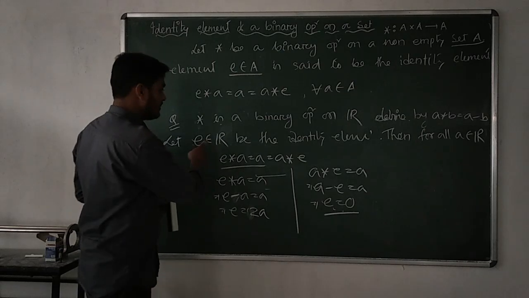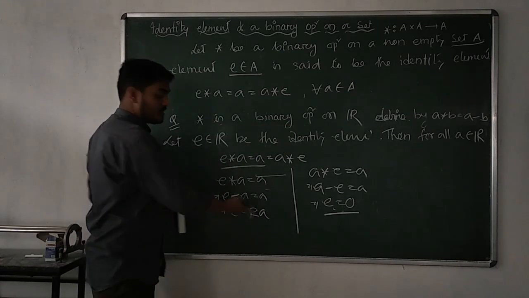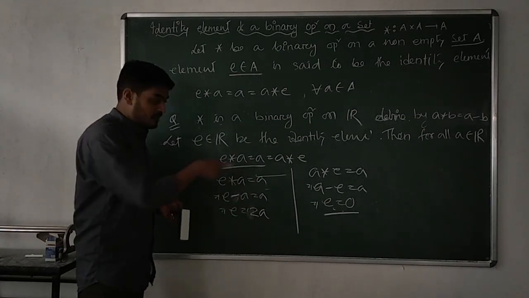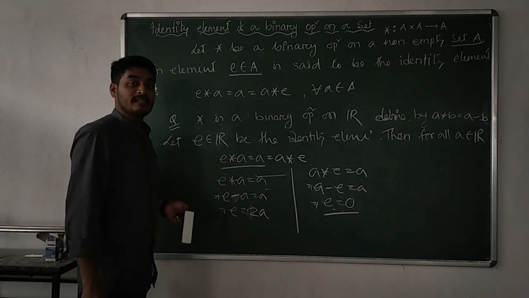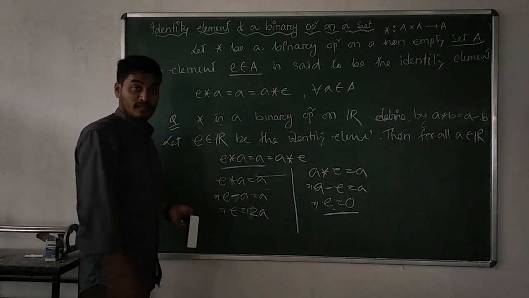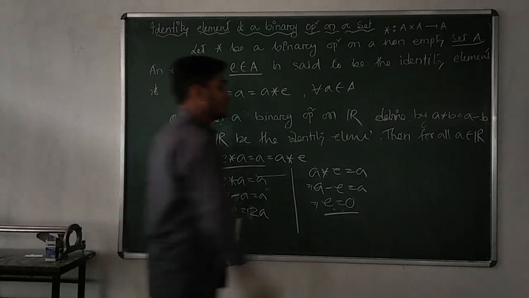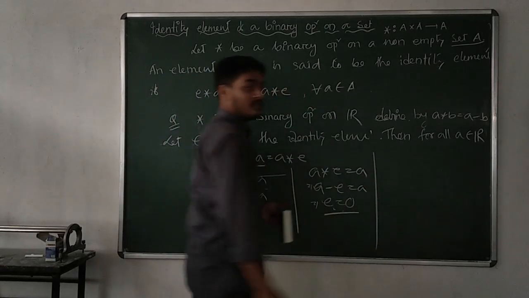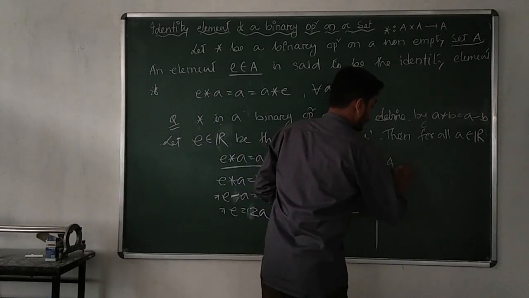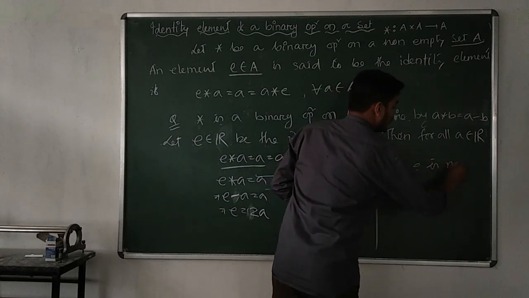a is a real number, no doubt, so twice a is a real number. It's okay. Here 0 is also a real number. But the identity element is always unique, and here we are not getting the uniqueness of the identity element. Therefore, you have to give the answer that the identity element does not exist, as e is non-unique.